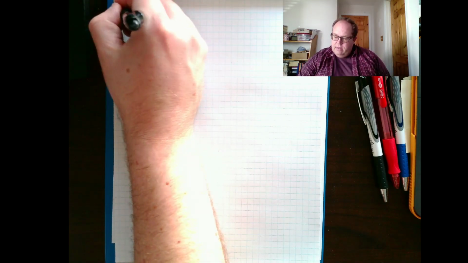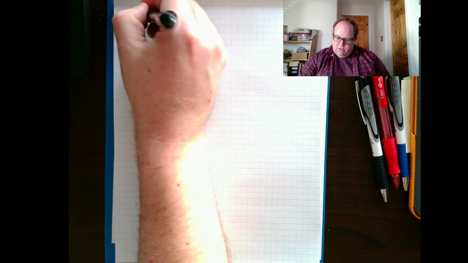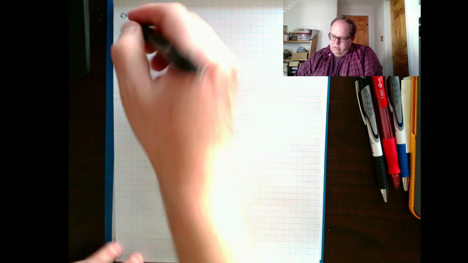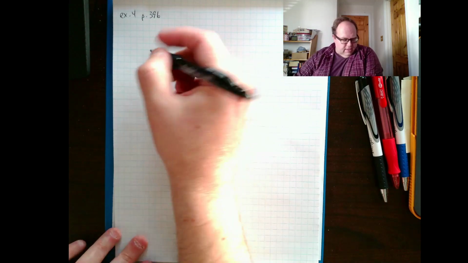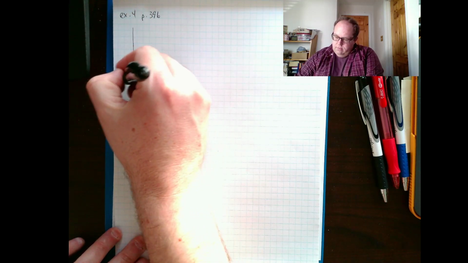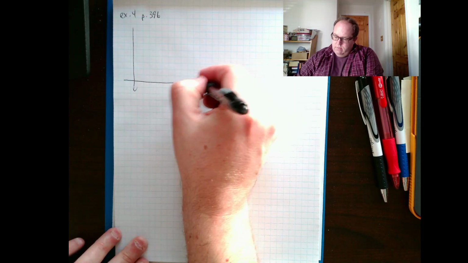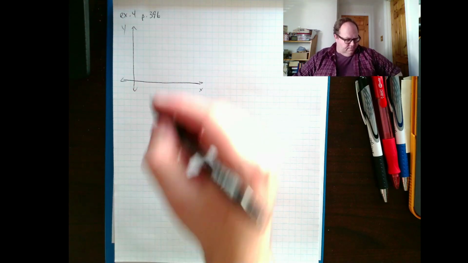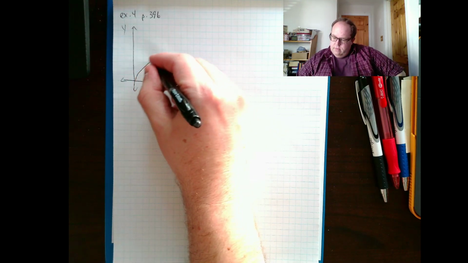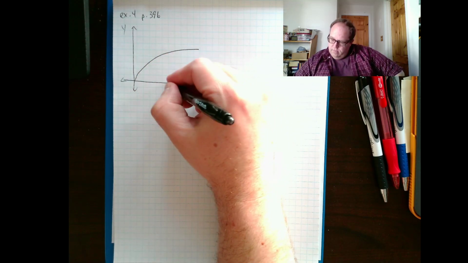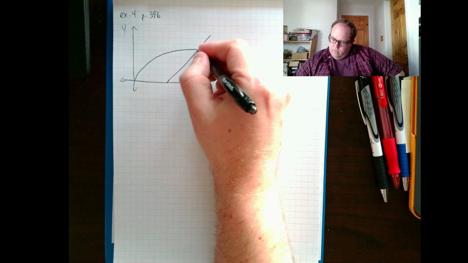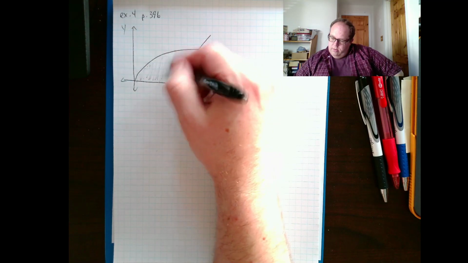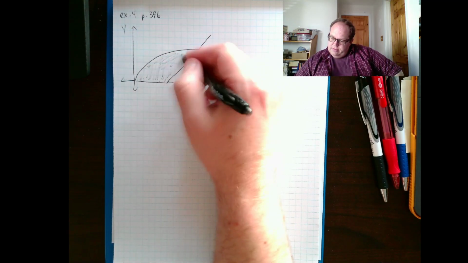If I look at example 4 on page 396, I will show this more with the diagram they give than try to write it all out. You're being asked to find this shaded region.